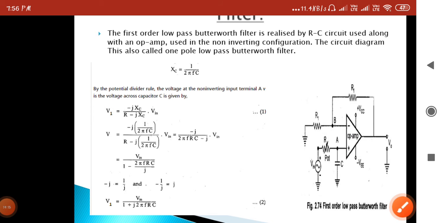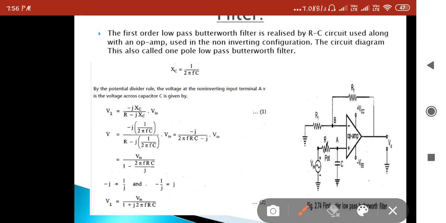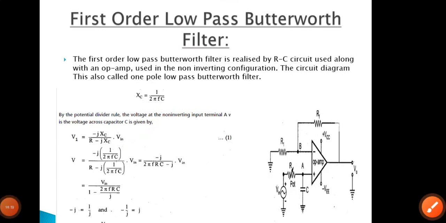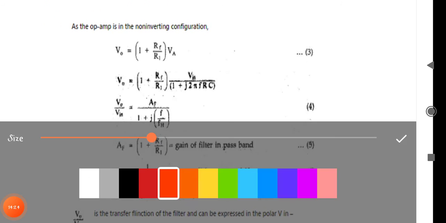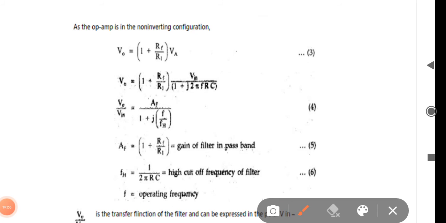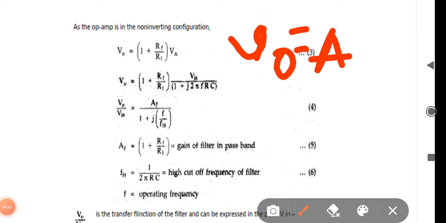Next is Vout, the output voltage. What does it come to? V naught equals A into VID.